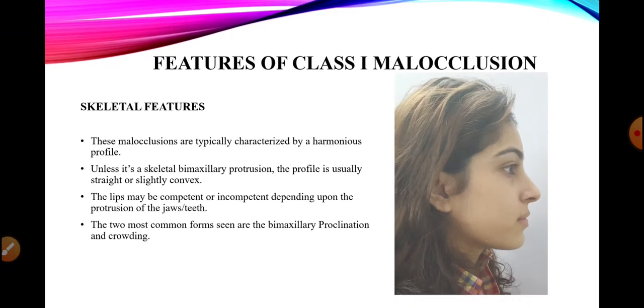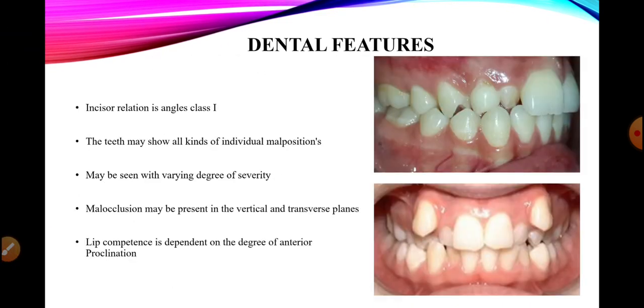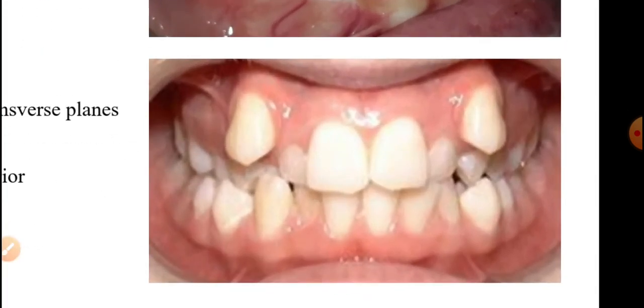Now moving towards the dental features of class 1 malocclusion, the incisor relationship is class 1 according to BSI, or the molar relationship is class 1 according to Angle's. Therefore, either the incisor relationship is class 1 or the molar relationship is class 1, but the teeth will be showing individual tooth malpositions.